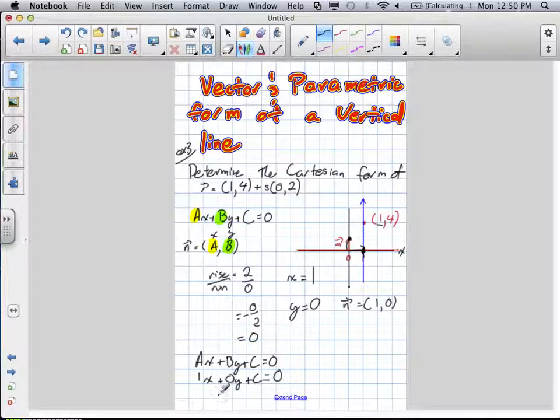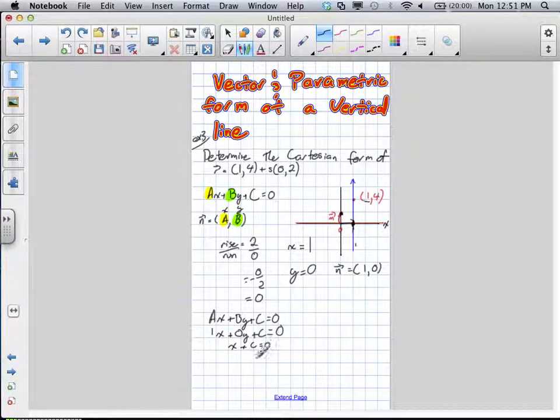We're going to get x plus whatever our C value would be. Now, our C value is a number we try to solve for. But no matter what happens here, what is our x value going to be as we go up and down this line? It's always going to be 1. So that's essentially going to be our C value. Our C value is going to be the number 1 or negative 1. So our x, like we talked about before, will be 1.